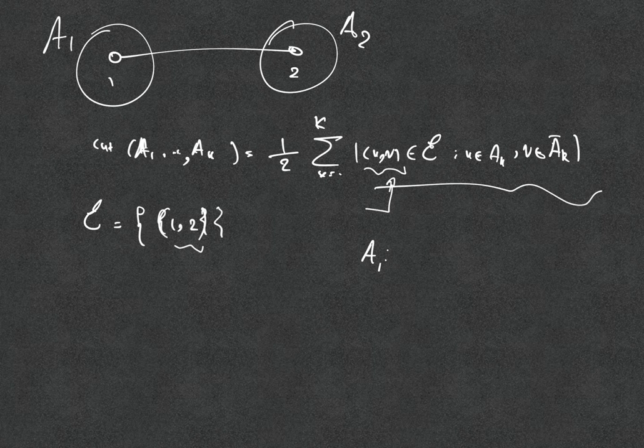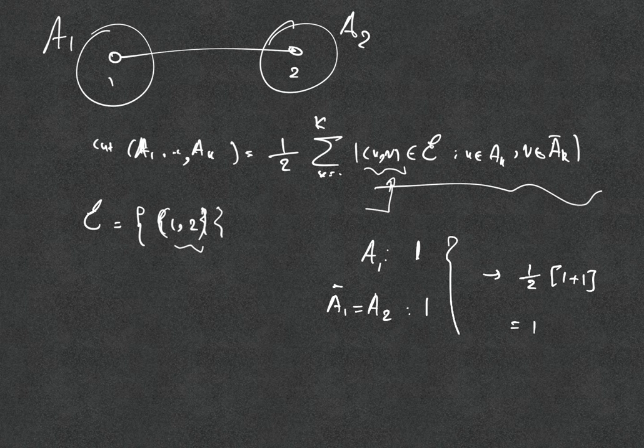Meaning that if you consider them ordered tuples, you are looking for tuples such that one of them belongs to A1 and the other one doesn't. So in this case, for A1, you have the value 1, and also for A2, which is the complement of A1, you have the value of 1. Such that to get the cut, you have 1 plus 1 times half, which is 1, which is the number of intercluster edges.